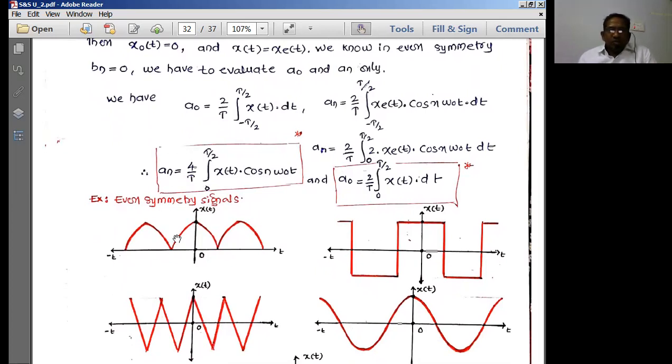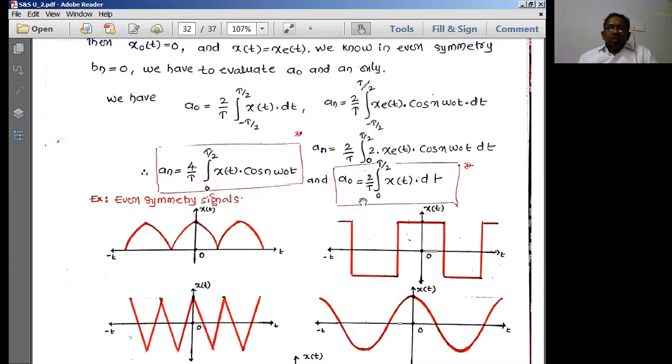The function is going to be the same function. That means the same curve is getting repeated, the same values are getting repeated. Therefore, it is going to be 2. So finally, I will be having 4 by T integral from 0 to T by 2 of x(t) cos n omega naught t, or x_e(t) cos n omega naught t dt.